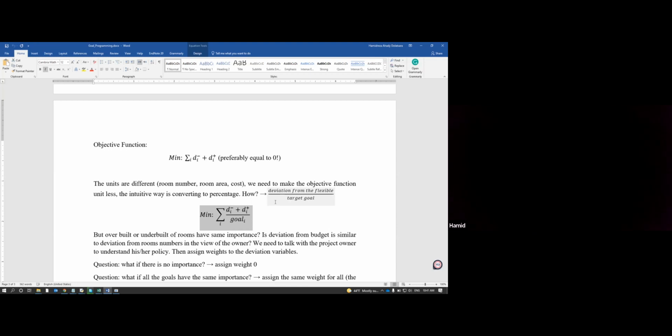The value of D plus and D minus divided by your goal would be the coefficient that shows how much you have deviated from your initial goal. Questions so far?